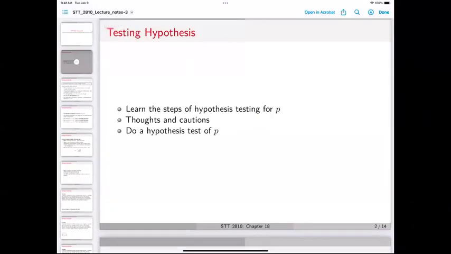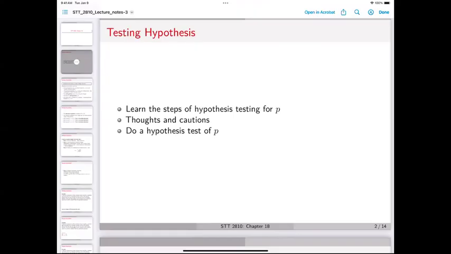And so by the end of this class, you should be able to know what a null hypothesis is, what an alternative hypothesis is, how to formulate the hypothesis, and also know the steps involved in testing for the hypothesis.